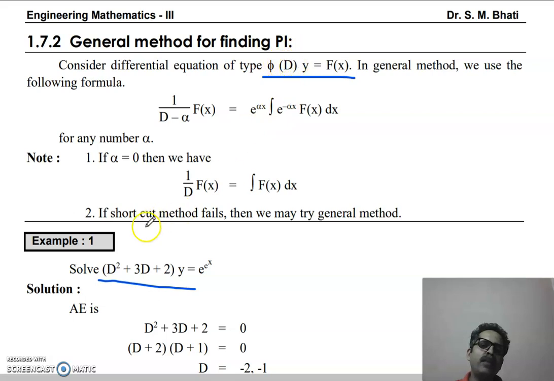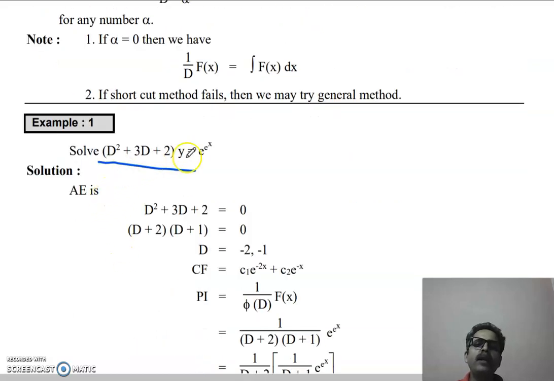So phi of D is D square plus 3D plus 2, and the auxiliary equation phi(D) equals 0 is D square plus 3D plus 2 equal 0. Now find the factors. Can you find two numbers whose product is 2 and sum is 3? Such numbers are 2 and 1. So the factors are D plus 2 and D plus 1, and from them we get the roots, minus 2 and minus 1.